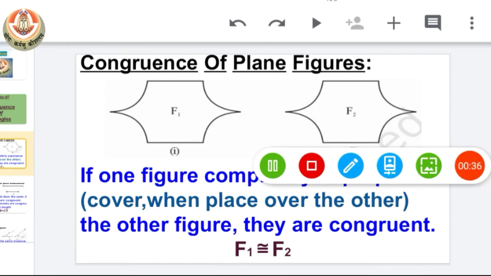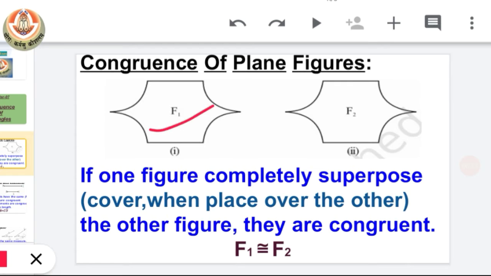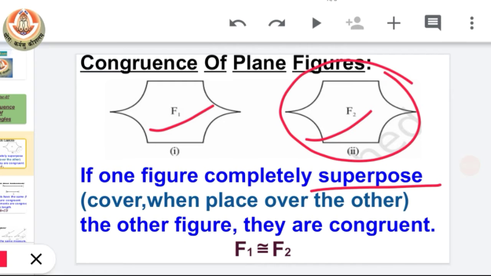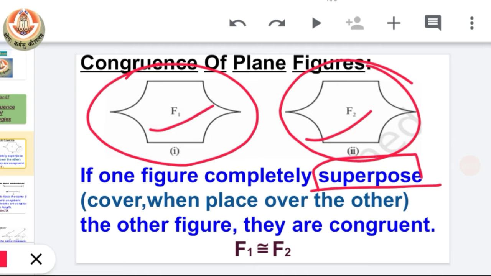We can say that both of them are congruent to each other when we superpose, which means we place one figure over the other figure, and if both of them superpose, they hide each other.